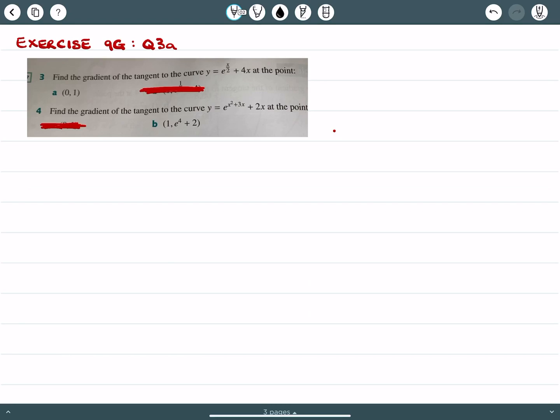So when we have some questions here, in our first example I'm just going to look at question 3a. It says in 3a, find the gradient to the curve of y equals e to the x on 2 plus 4x at the point (0, 1). So what I'm going to do is write my original equation, e to the x on 2 plus 4x.